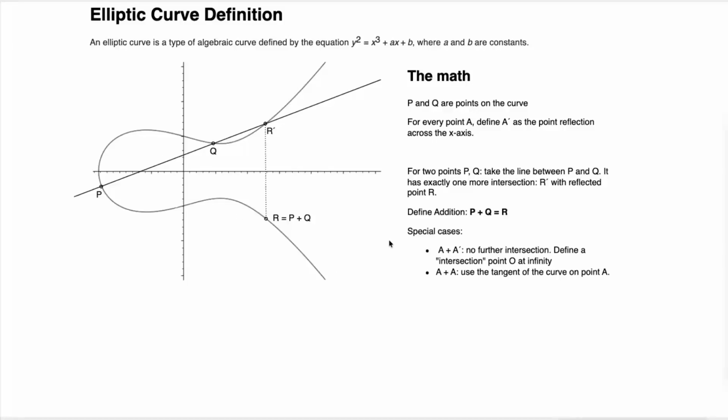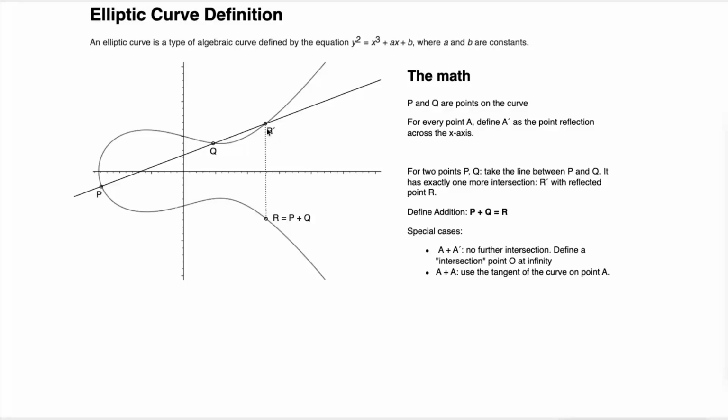And now we wanted something with addition, right? So let's look at how we can define an addition on a curve. Uppercase letters are now always points on the curve. So we have P and Q as points on the curve. And for every point A on the curve, we define A dash as the point reflection across the x-axis.